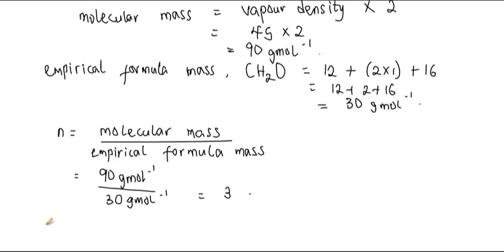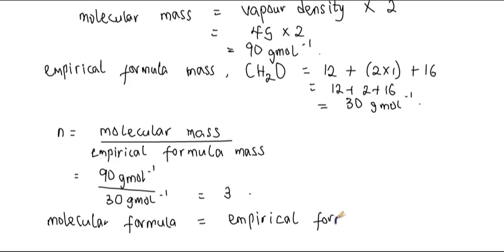We'll be using the relationship that says molecular formula equals empirical formula times n. This simply means that the molecular formula consists of a multiple of the empirical formula.